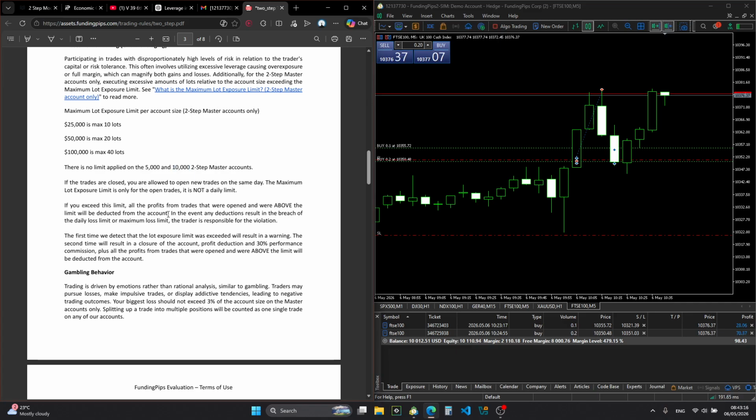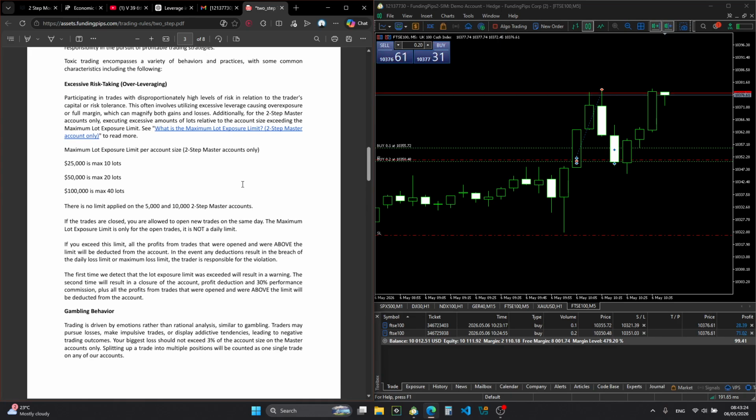If trades are closed, you are not allowed to open new trades. What? If trades are closed, you are not allowed to open new trades on the same day. The maximum lot exposure limit is only for open trades.